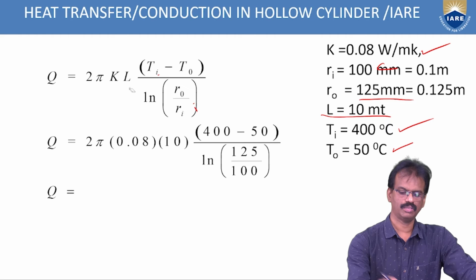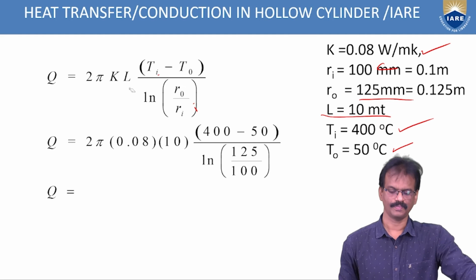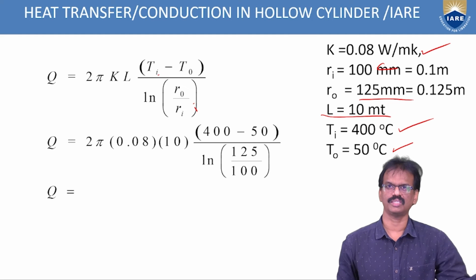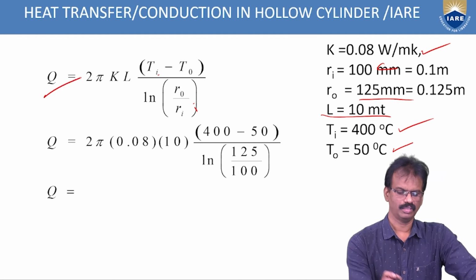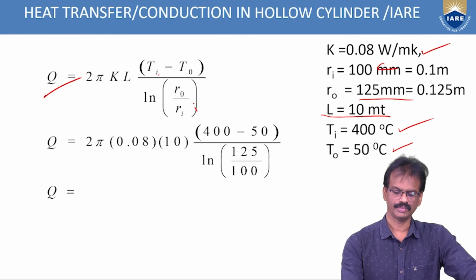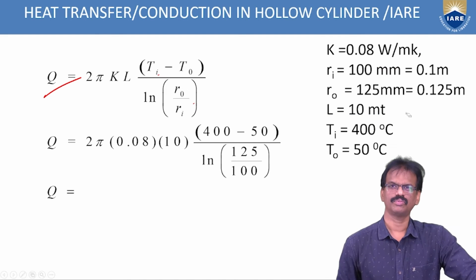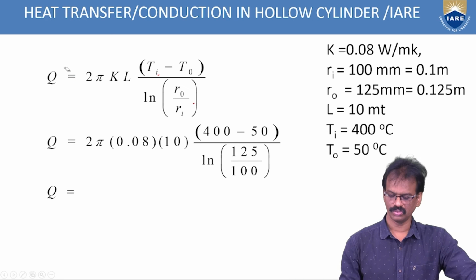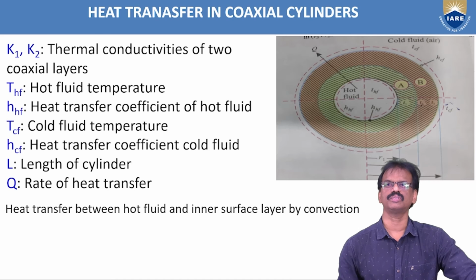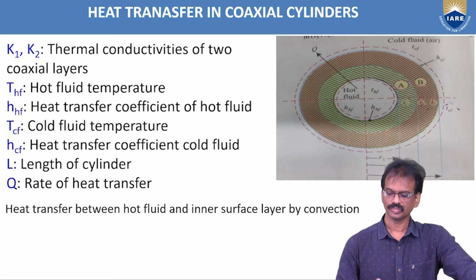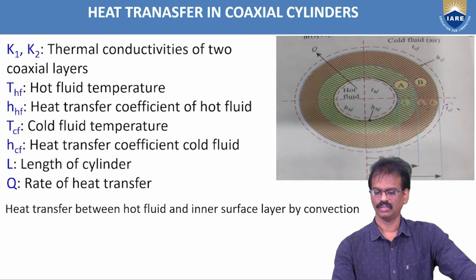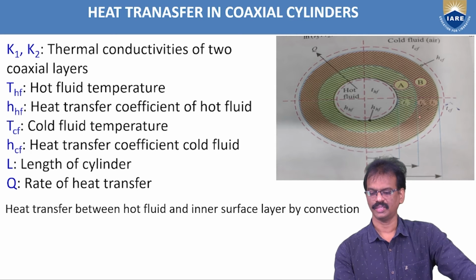This is a small formula and small numerical for understanding the rate of heat transfer in cylinders. Now we'll go for the derivation of rate of heat transfer in composite cylinders. Here two layers are taken.